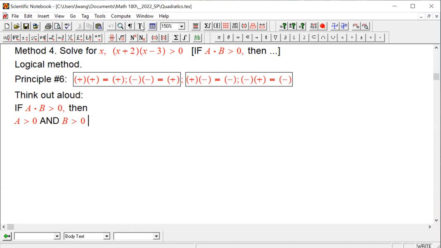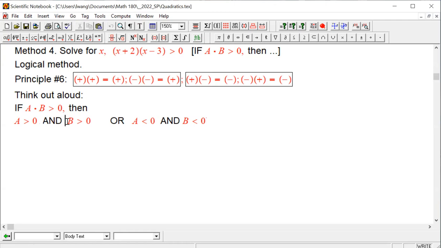The second case, I'm going to use "or." A is negative and B is negative. This is the structure.